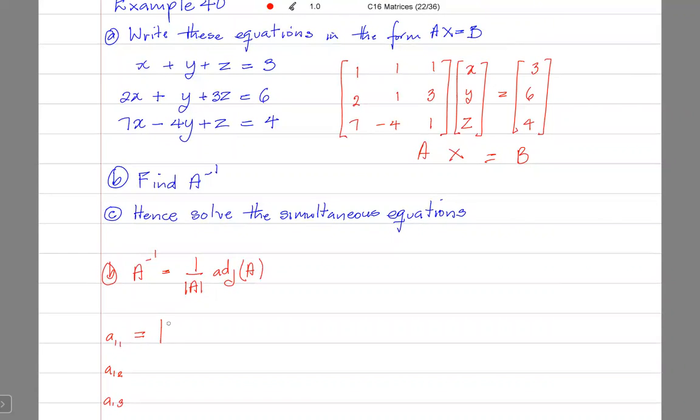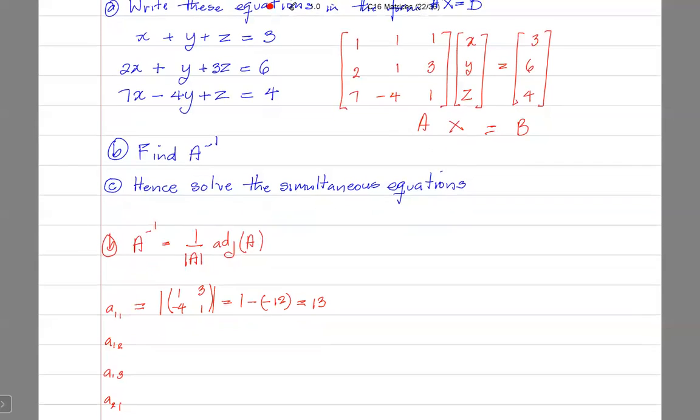So this would be the determinant of 1, minus 4, 3, 1. This is 1 minus 12, which is 13.